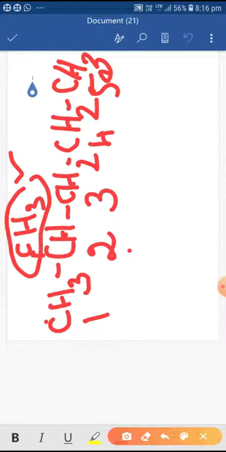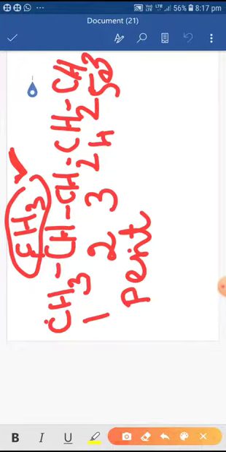Step 1, the longest chain is 1 to 5. The longest chain contains 5 carbon atoms, hence the root word is pent. Step 2, there is a substituent in this compound. It has one substituent.